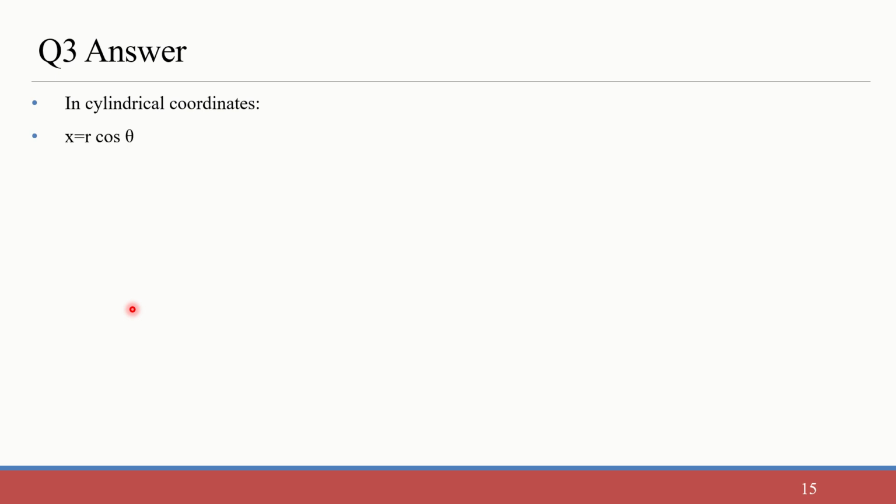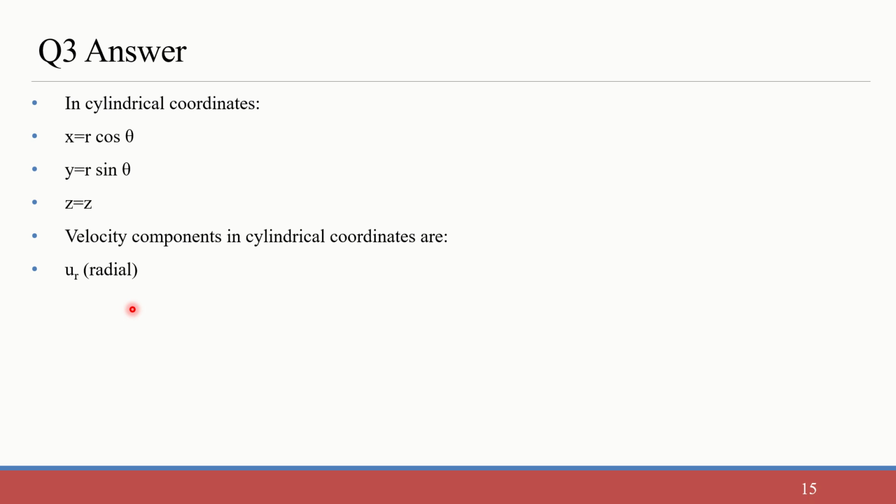So in cylindrical coordinates, how do we generally write? x is equal to r cos theta, y is equal to r sin theta, and z is equal to z. So velocity components in cylindrical coordinates are ur, the radial, u theta, the azimuthal, and uz, the axial, same as w.